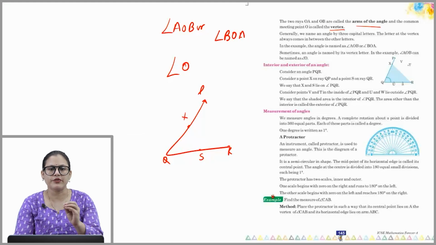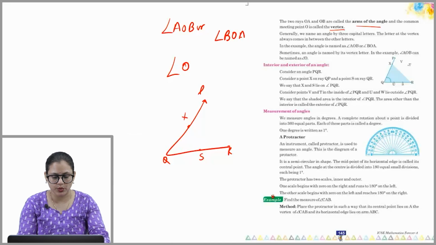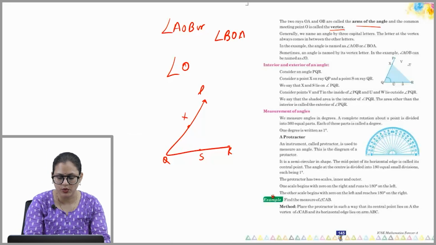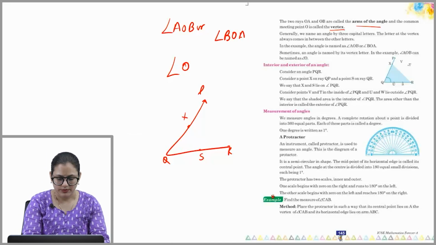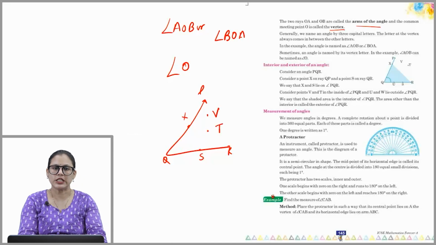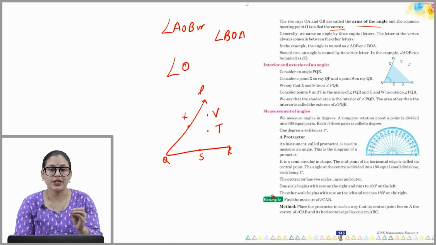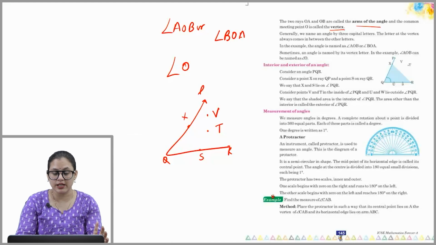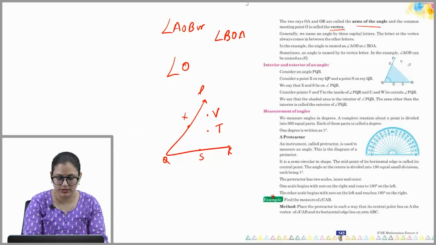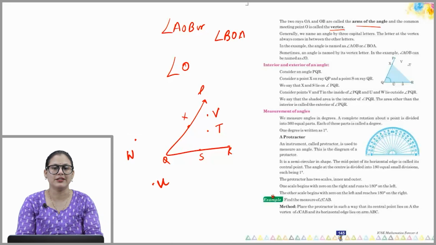Now consider points V and T in the inside of angle PQR. Okay, this is the inside of PQR, right? So you can write here point V and point T. And U and W lie outside the angle PQR, so you can write here W and U, anywhere outside this angle.